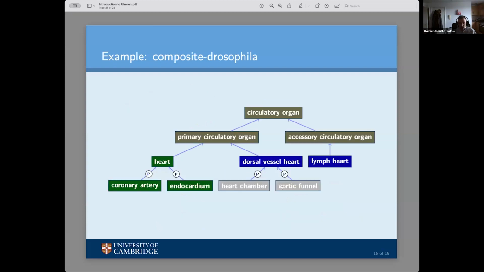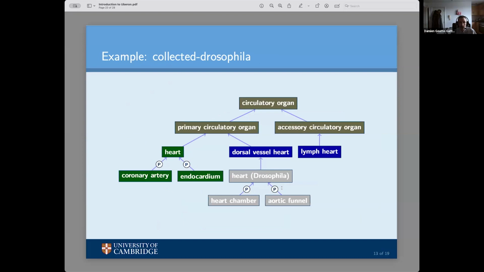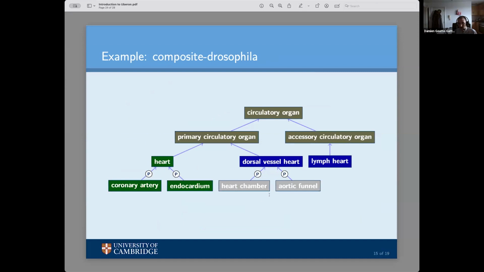So, for example, if we again go back to this example here, in collected metazoan, or in collected Drosophila, if you just merge only Uberon and FBbt, you have the FBbt term representing the fly heart, whereas in composite metazoan, you do not have this term.